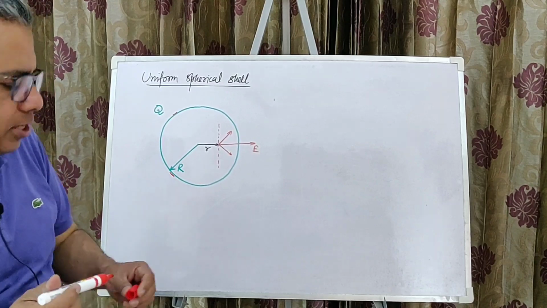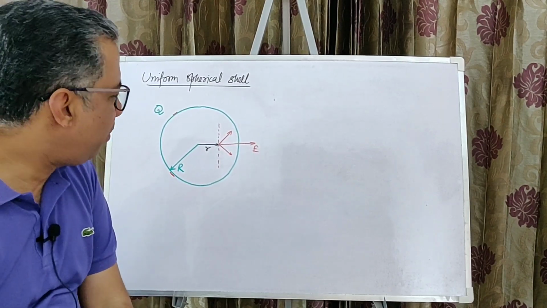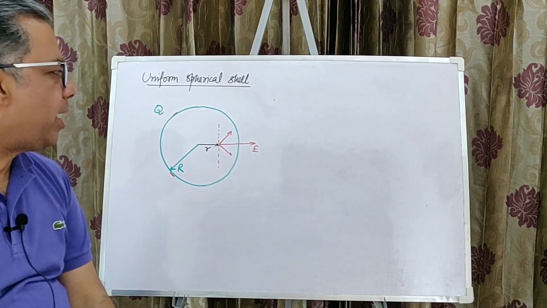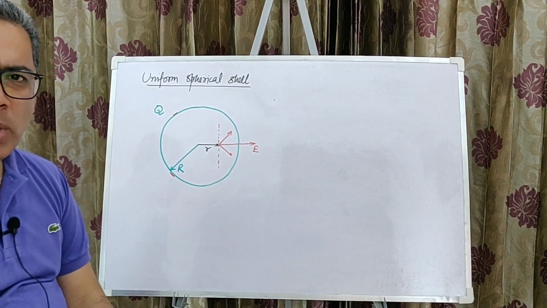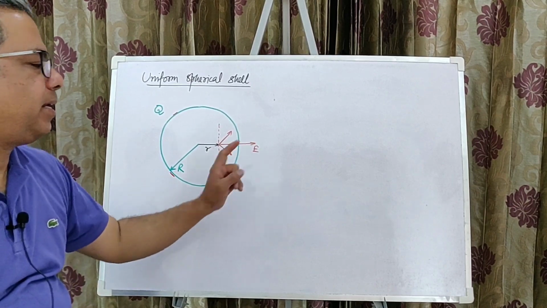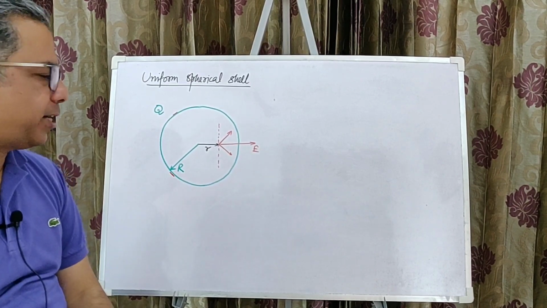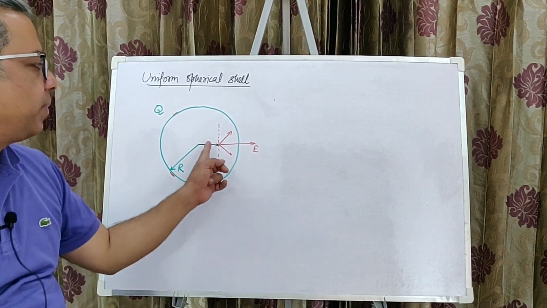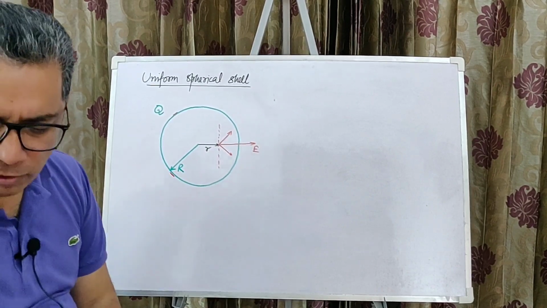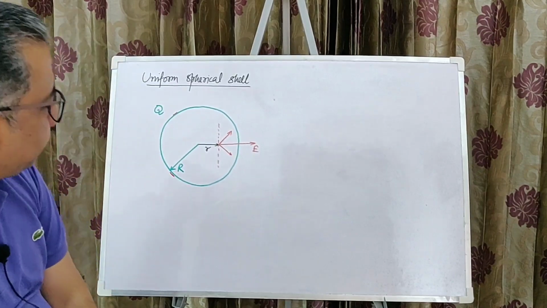This is a conclusion that we will keep in our mind for all kinds of spherical charge distributions. We are going to make an assumption that the electric field is radial. For all spherically symmetric charge distributions, electric field will always be radial.